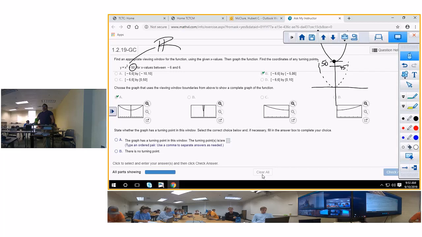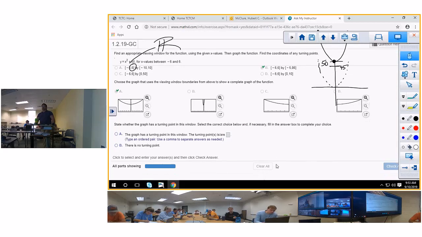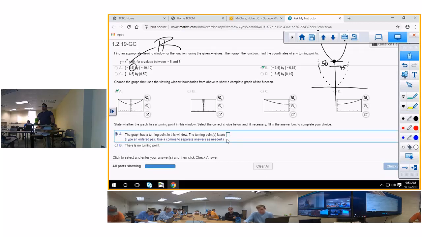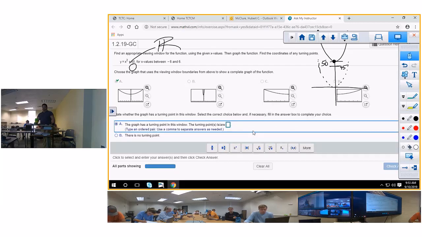Does it have a turning point? What's 2 minus 1? 1. So it does have a turning point, has one turning point, and that is the vertex. We're going to talk about finding the vertex here in a little bit. In this case, the turning point is the y-intercept, which is 0, 50.